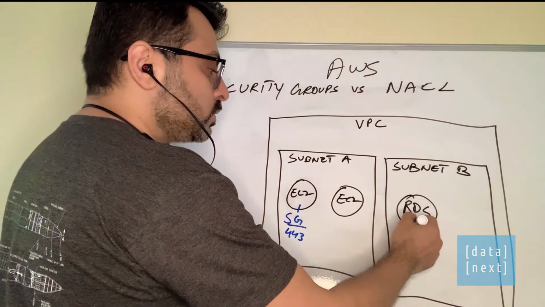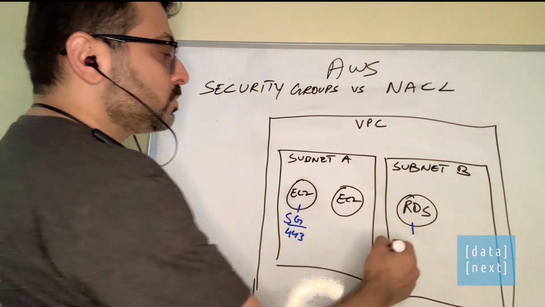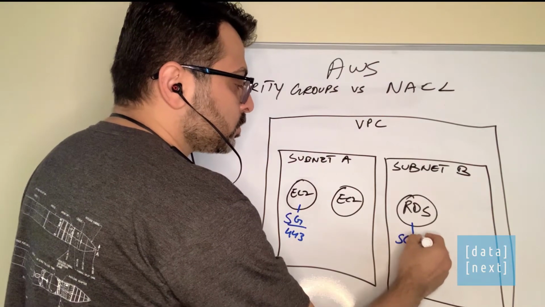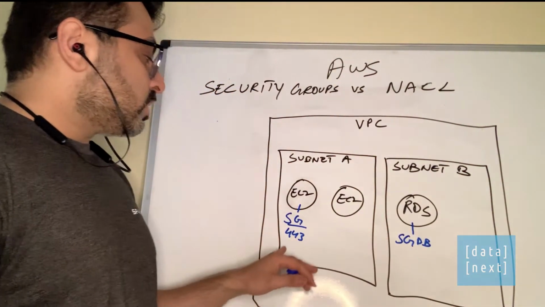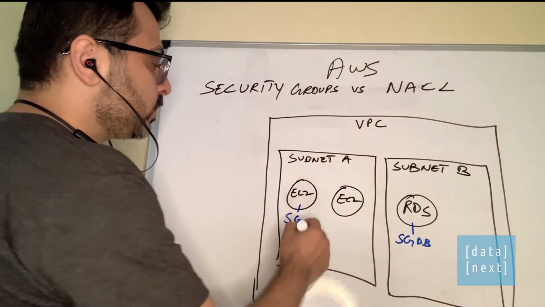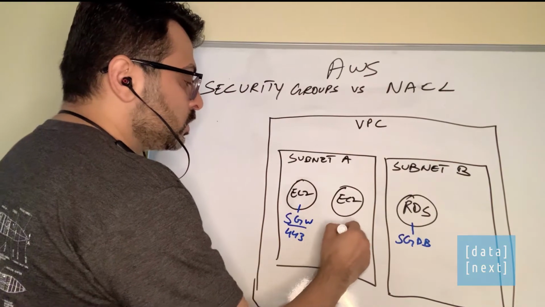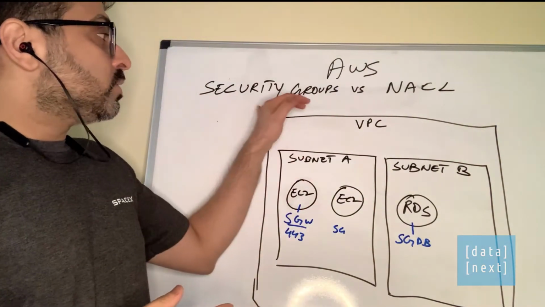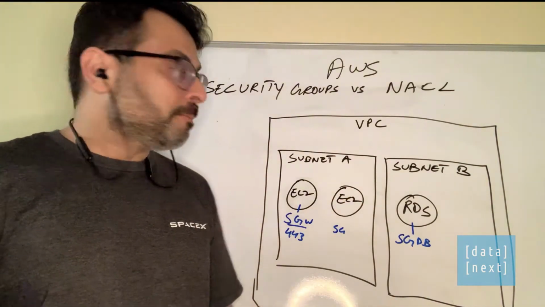If you are working with Postgres or any database, that port should be open on a security group level. So for example, you have a separate security group for the databases, a separate one for the EC2 instance web traffic, and a separate one for the application server. So you will allow certain ports in the security group, attached at the instance level.